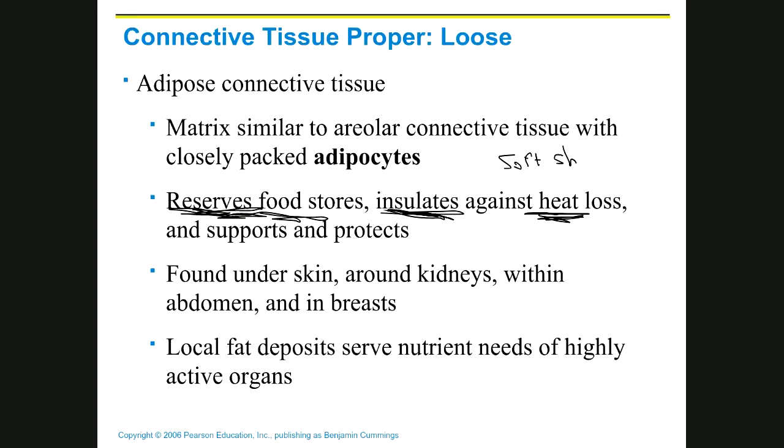And so because it's soft and shock absorbing, you can put it in places that might get hit and would hurt. And so it's also good for protection and support. And so we find it in lots and lots of places. Anywhere where we're going to store fat, anywhere where we need insulation, and then also around organs to support and protect them. So these are the places we find it.